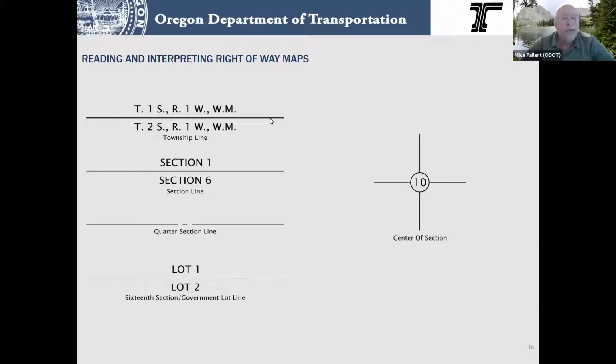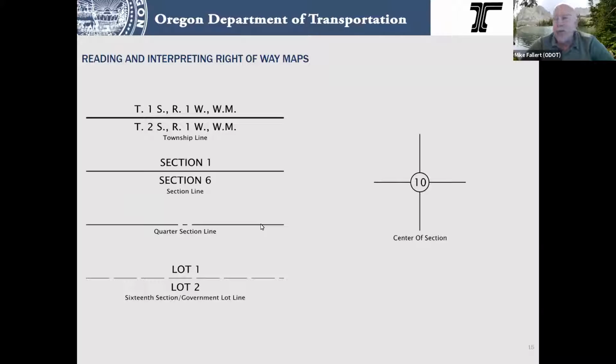Township lines. So nonsurveyors were a rectangular survey system in Oregon and in the West. Those were 6x6 squares, 6 miles by 6 miles square, broken into 36 sections. So a township line runs east-west, north-south every 6 miles. And then you have sections inside of that. There's 36 of them.